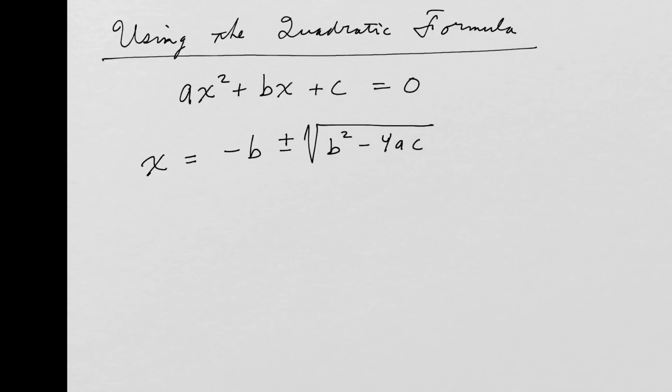All that is underneath the radical, all divided by 2a. And again, I will derive it in class using completing the square, but for now I'm just going to give it to you. So let's do a couple of examples using this quadratic formula, and that'll be it for this lecture.